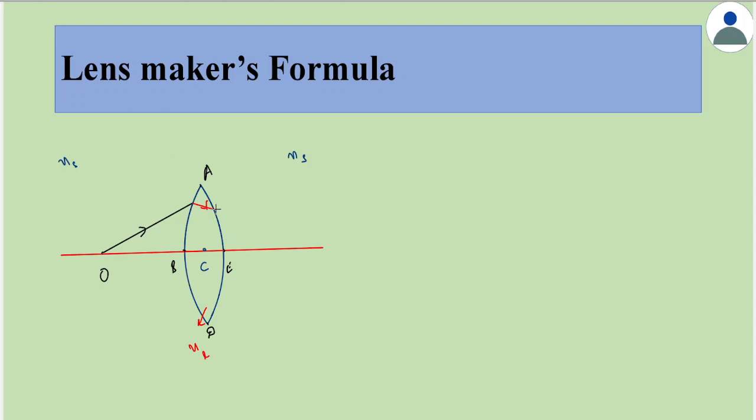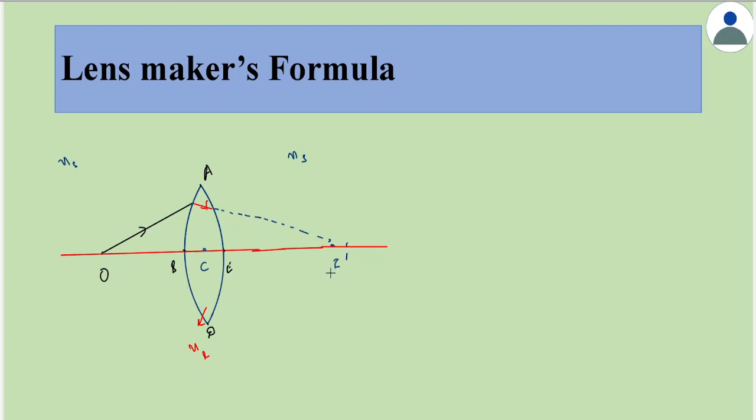It would have traveled to some point called as I dash. So I dash is the point where we would have got an image if the surface AED was not there.